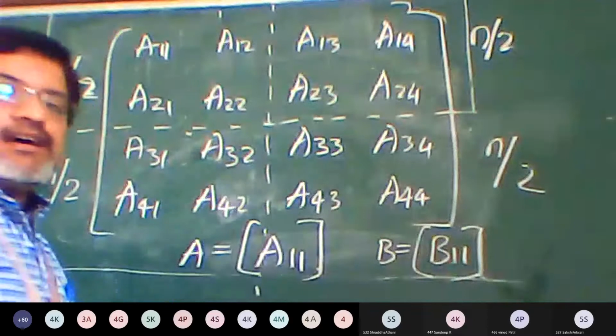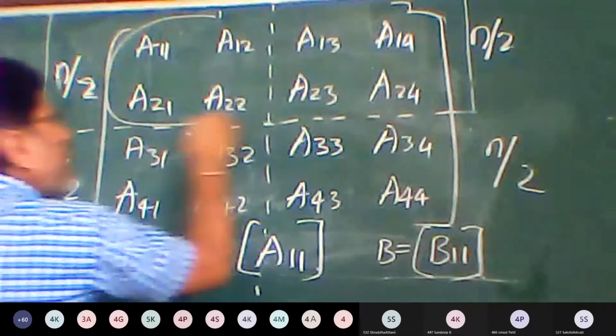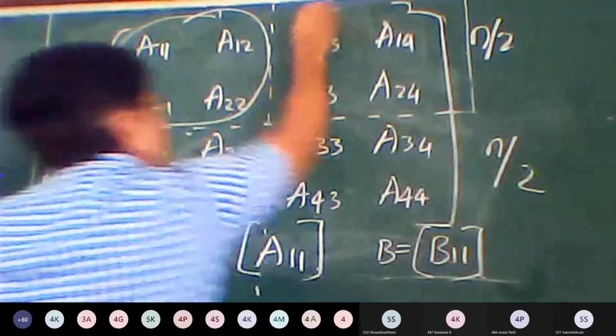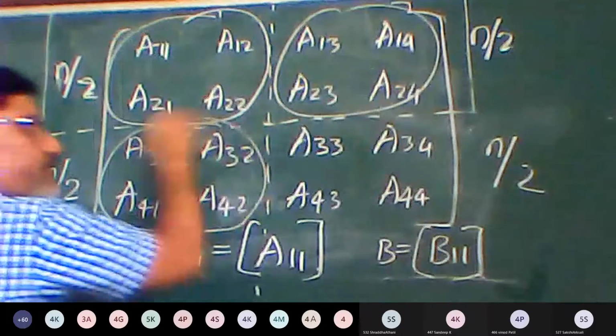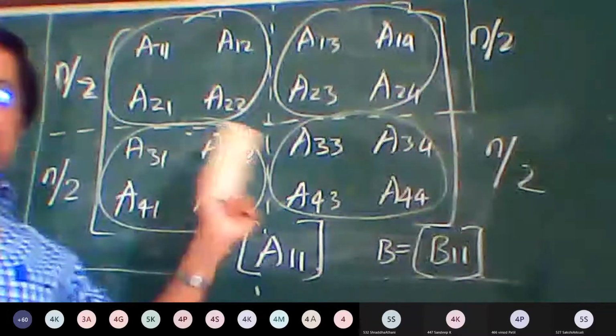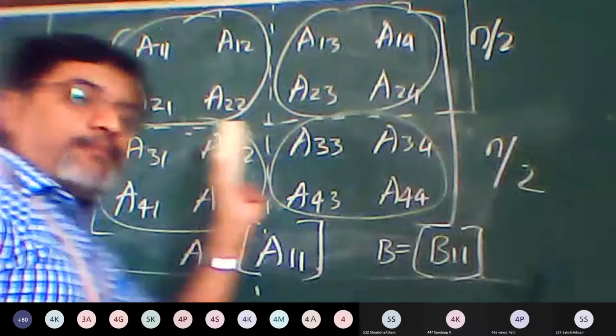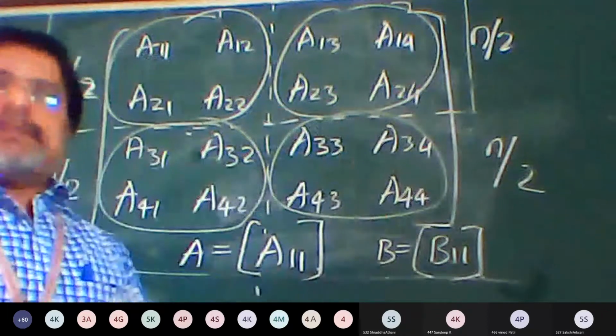We may reach a sub-problem of 2 cross 2 matrices, where every matrix consists of 2 rows and 2 columns, and the resultant matrix will also be 2 cross 2.